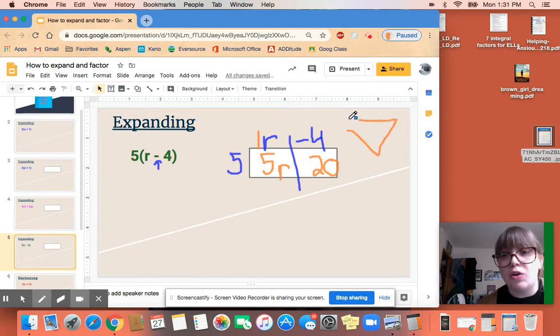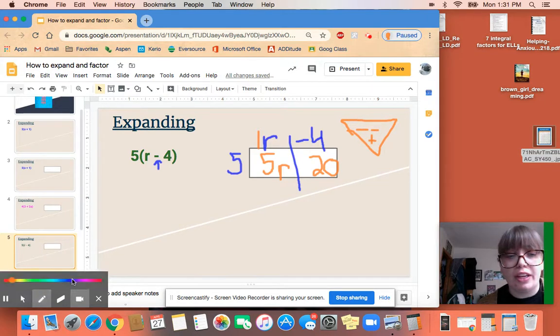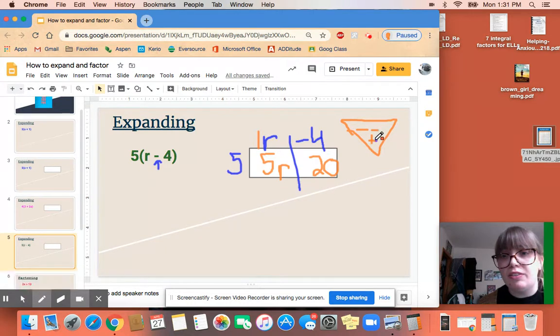And hopefully we are starting to just memorize this, but I'm going to draw my special triangle. All right, I have a positive times a negative, so my answer must be negative. So my answer is 5R minus 20. Boom. Sorry for my crazy writing.